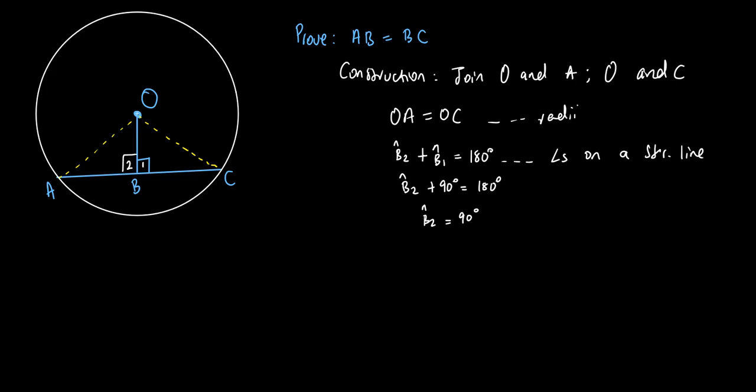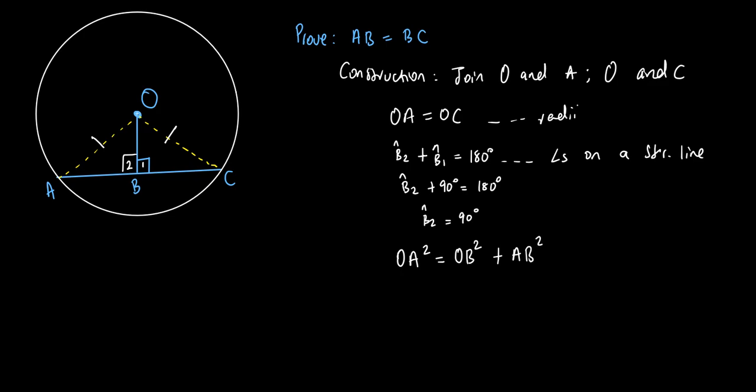Now I have 2 right angle triangles. So for me, when I see 2 right angle triangles, I'm reminded of Pythagoras theorem. So let's not forget that OA is equal to OC. This is very important, just that I didn't indicate it. It must be indicated. So OA squared, can we agree that it's OB squared plus AB squared?